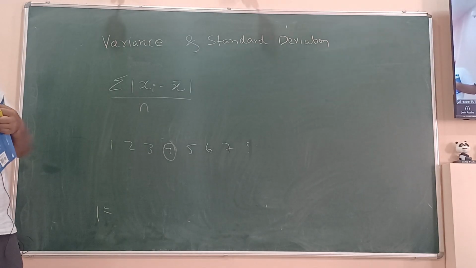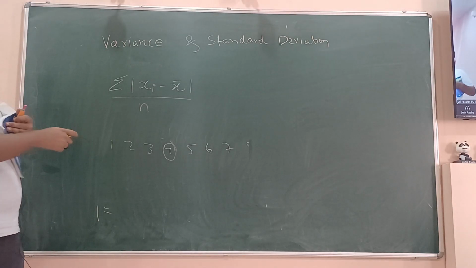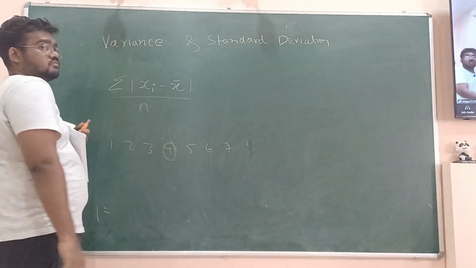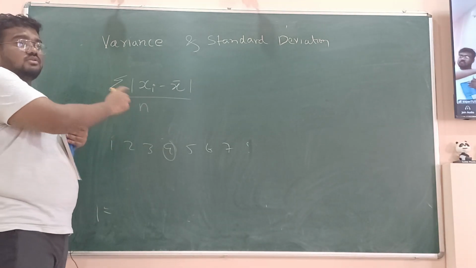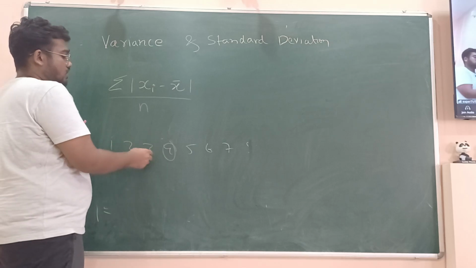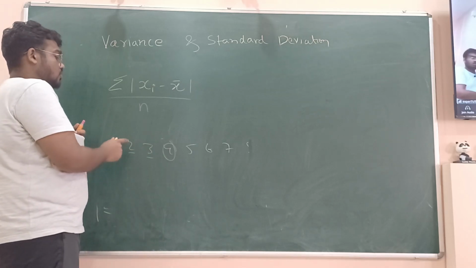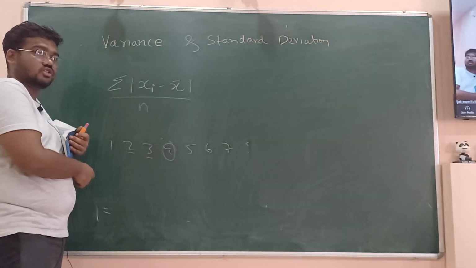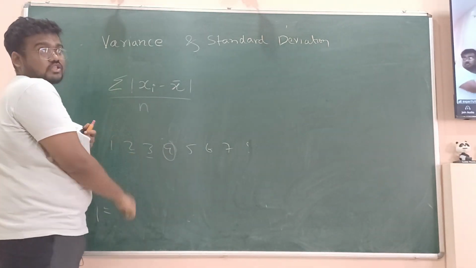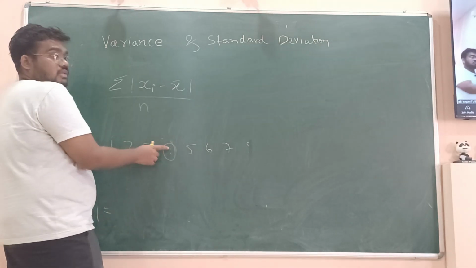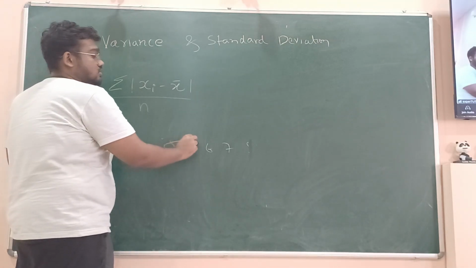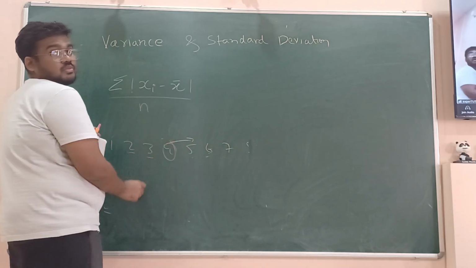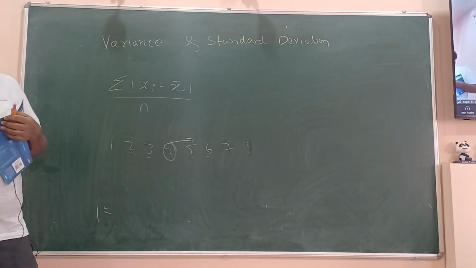So while you're doing sigma xi minus x bar, you are taking care of 1 minus 4 when you're doing 4 minus 1. And when you're on the left side, you're taking care that you are mean minus that number. If you break down this mod, you're doing mean minus that number, and when you overshoot this side, you're doing that number minus mean, right?